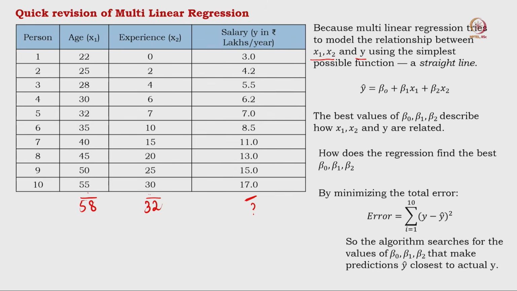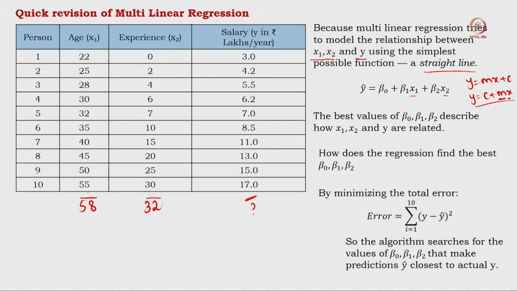One easy way to understand the relationship between x1, x2 and y is a straight line. This is the simplest possible way to find the relationship. What is a straight line? y = mx + c, or y = c + mx. This is for a single feature, but here there are two features, x1 and x2.